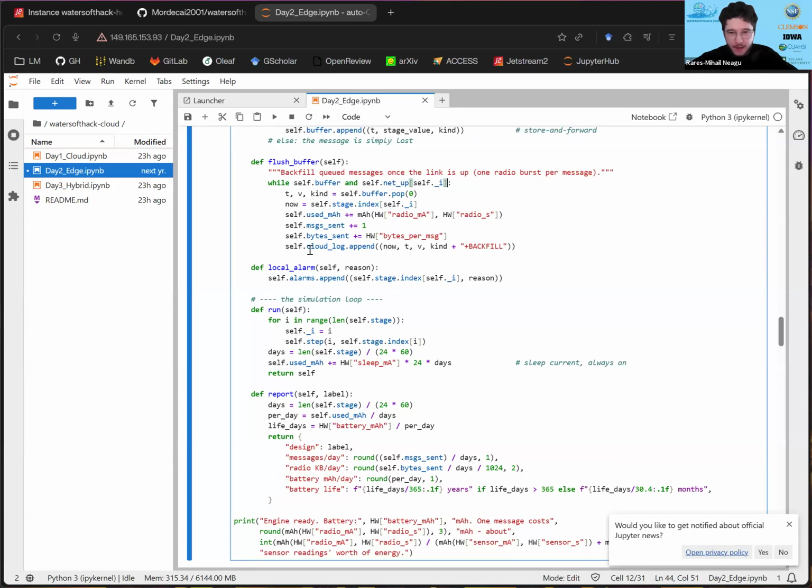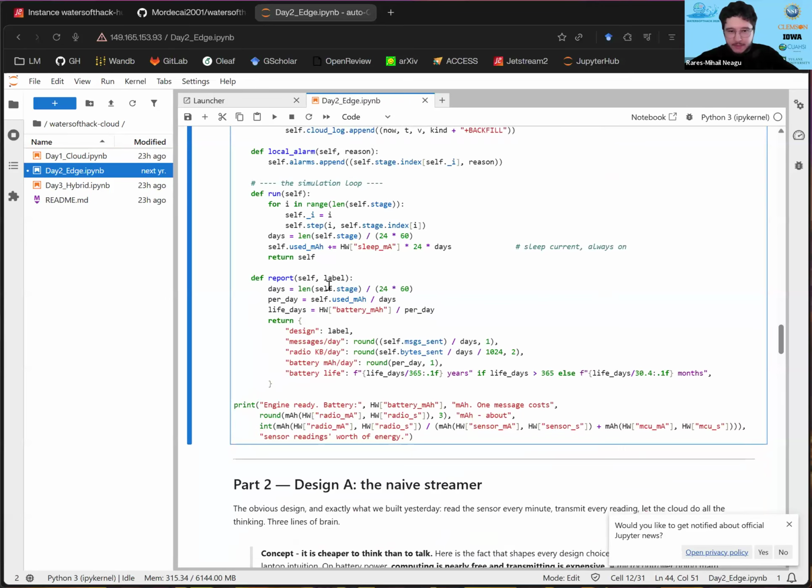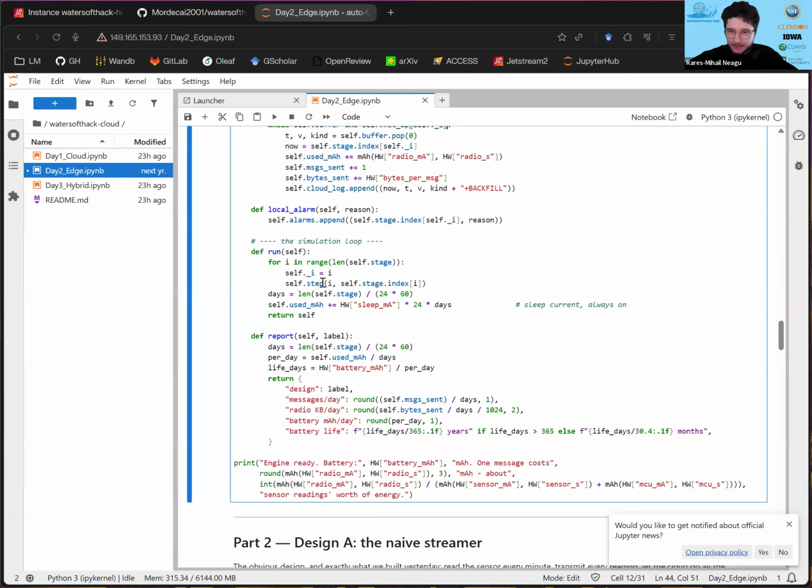Now, the next part is to simulate it. We need a simulation loop. We need to actually have this gauge running and simulate that it's running. How this is usually done is we have a run function, and for every minute we set the clock and call the step function.